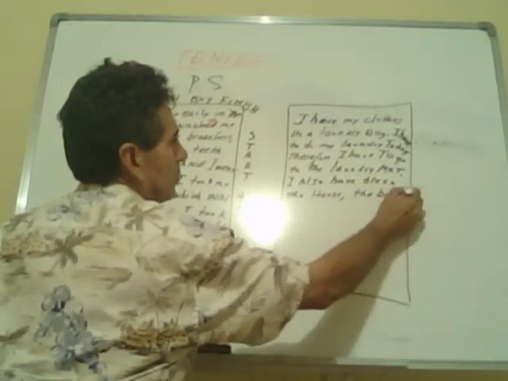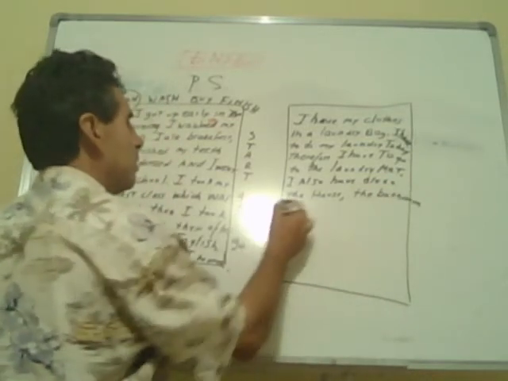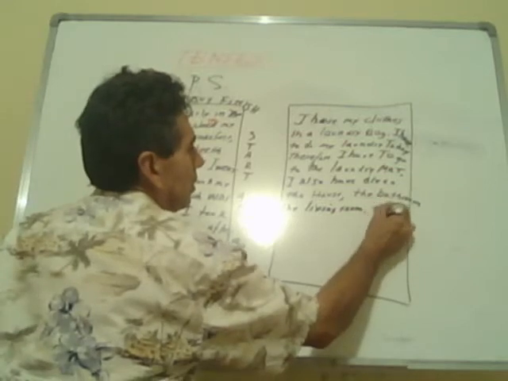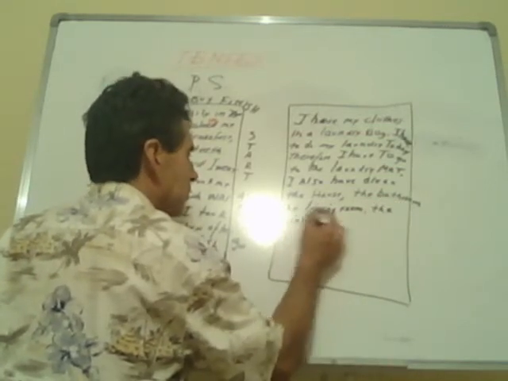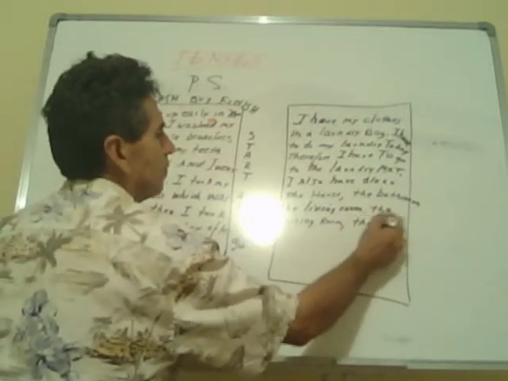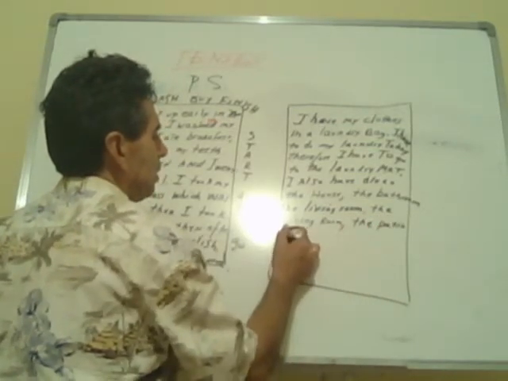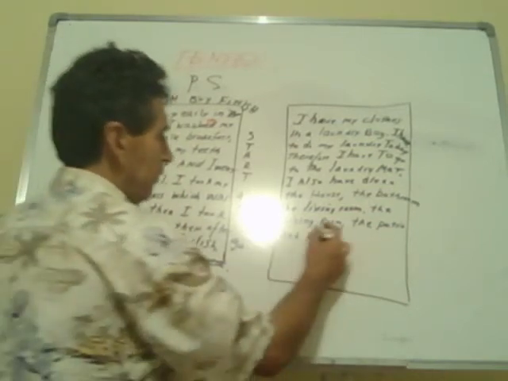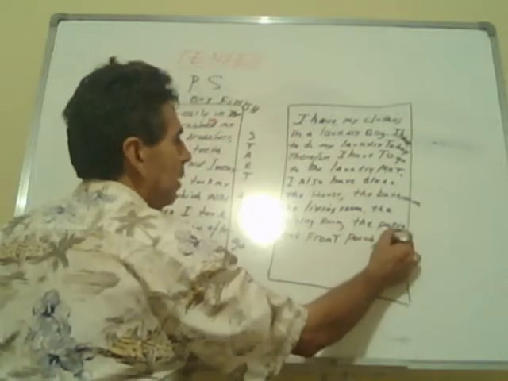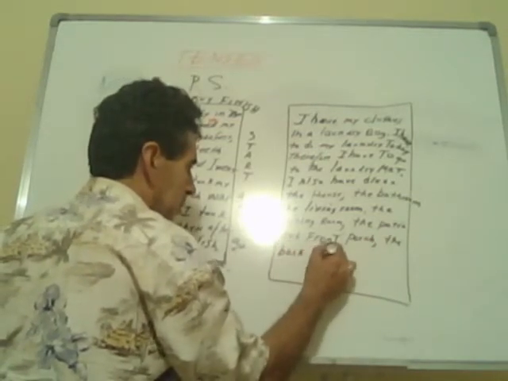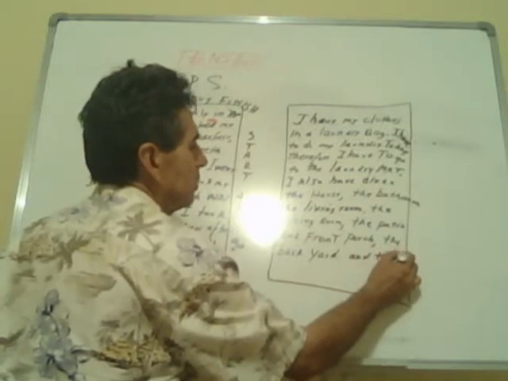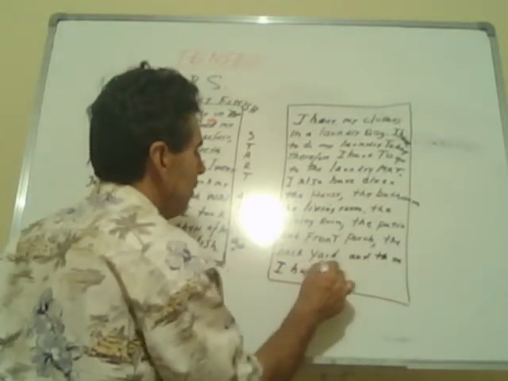The bathroom, the living room, the dining room, the patio, and the front porch, the backyard, okay, and then I have to sweep.